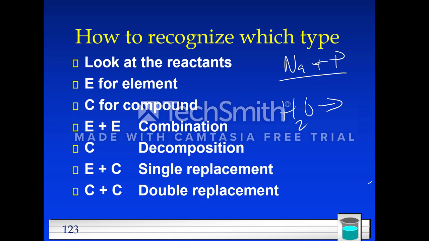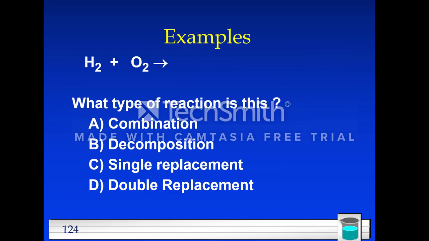Okay. So let's try a few simple examples and see why we want to be able to name them. Okay. What kind of reaction is this? Is it combination, decomposition, single replacement, or double replacement?